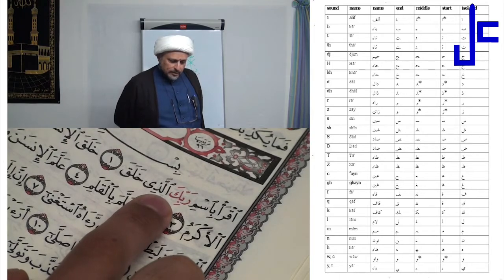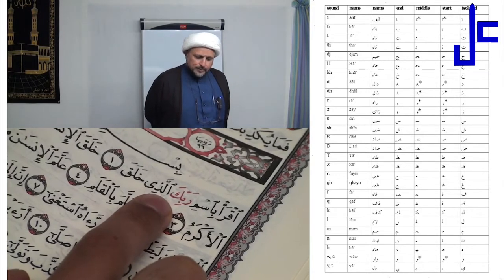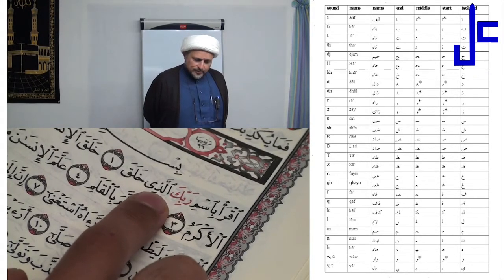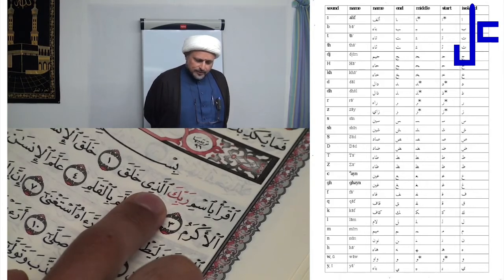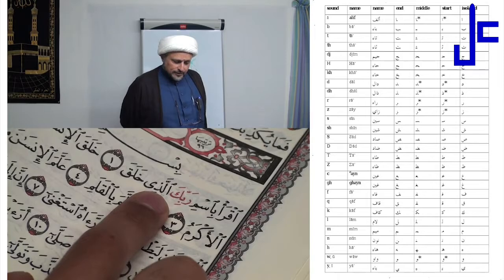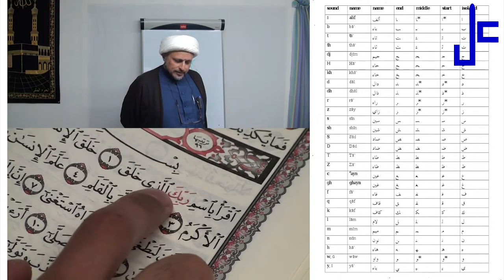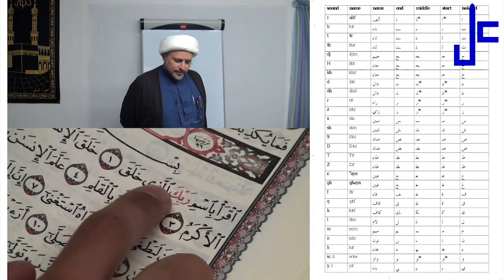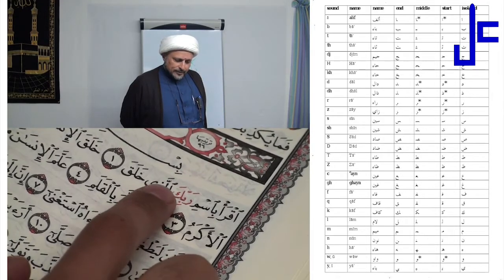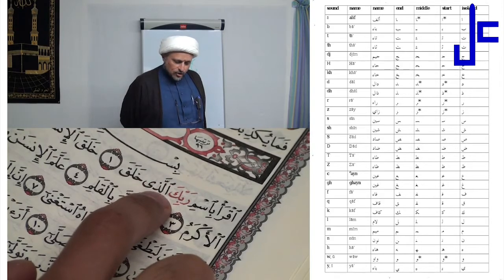Alif. Okay. And there's a sign above, so I will not pronounce it. Perfect. Alif. Lam. Lam, good. With a sign above, it's a fatha, and then it was a shadda. Shadda, good.